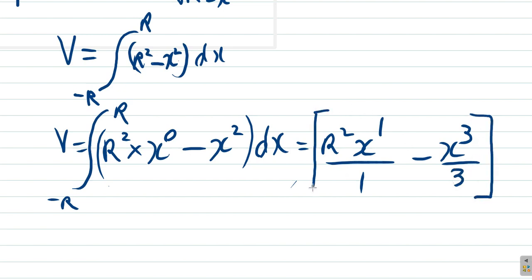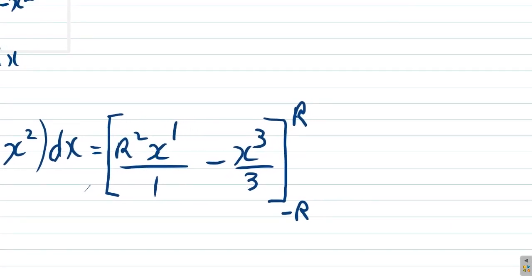And as we do indefinite integration, we draw the left and right brackets, and we have the boundaries to the right of the right bracket. Lower boundary at the bottom, upper boundary at the top, from negative r to r. So now, what do we do? We say this is equal to, we're going to substitute r for x.